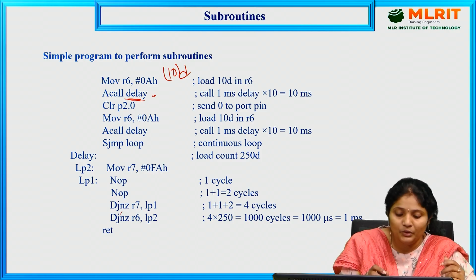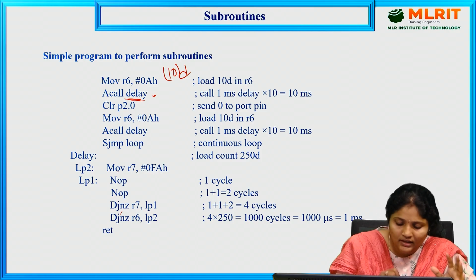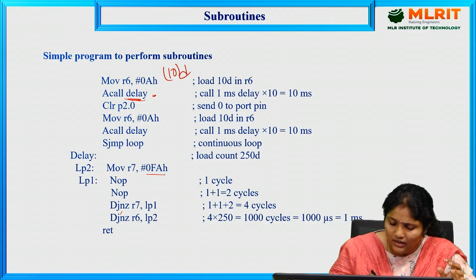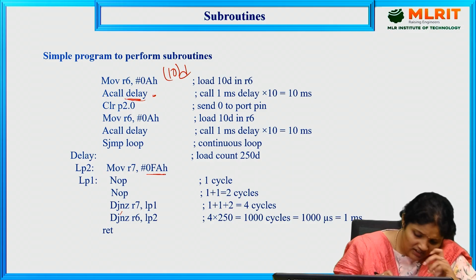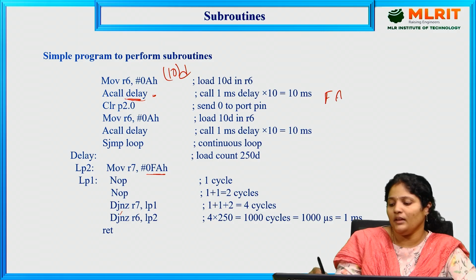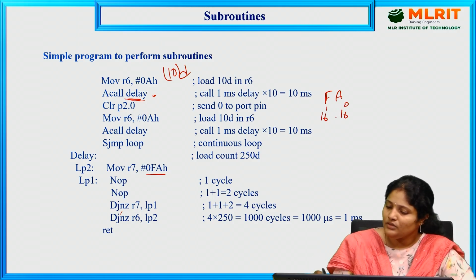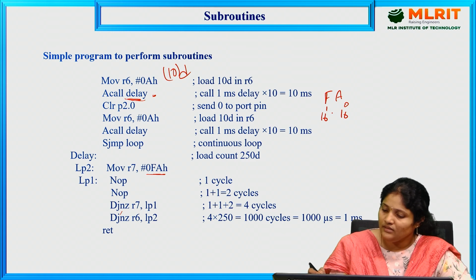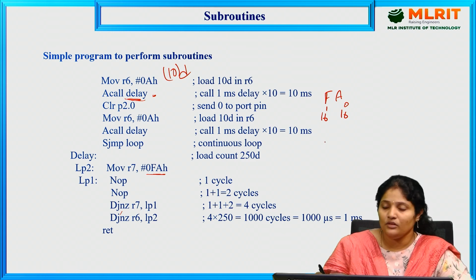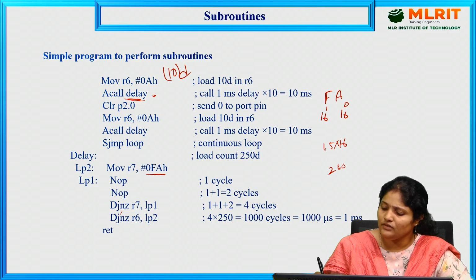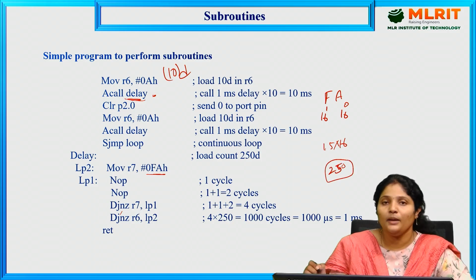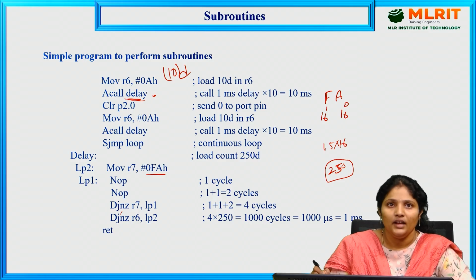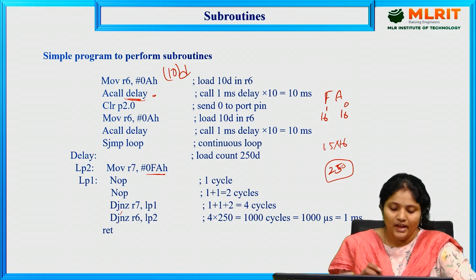Then 0FA: FA means 15 into 16 plus 10, which is 240 plus 10, so 250. I am keeping 250 in the R7 register. Why, I will explain.